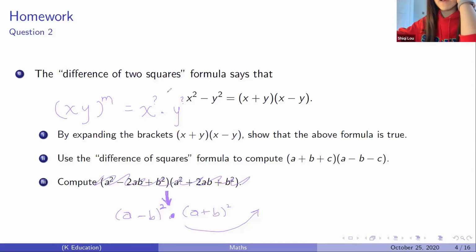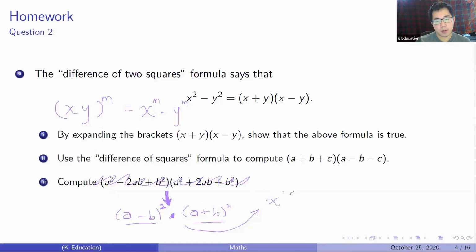X to the power of m times y to the power of m. Okay, do you see how this is related to here? So a to the power of 2 take away b to the power of 2. No. No, it's like, so you see this is x and this is y. Right, so this is x, this is y, so it's x squared times y squared. This is the same as xy squared, right?